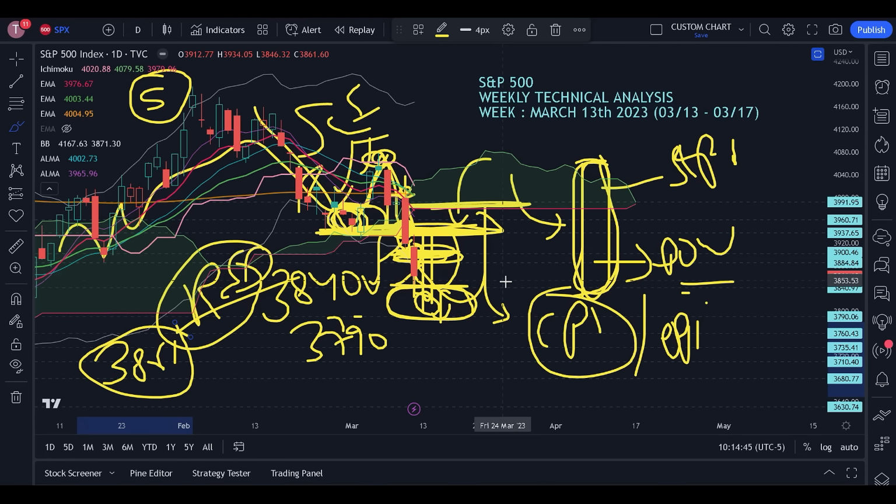But if some exceptional thing happens, in that case there will be a closing somewhere around 3861. So it might not be a red candle, but a green candle.